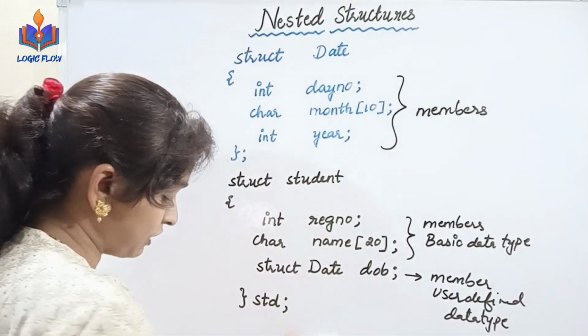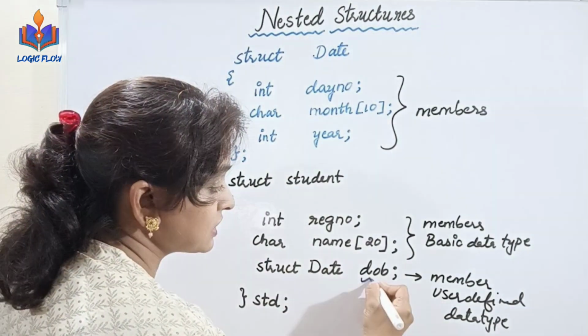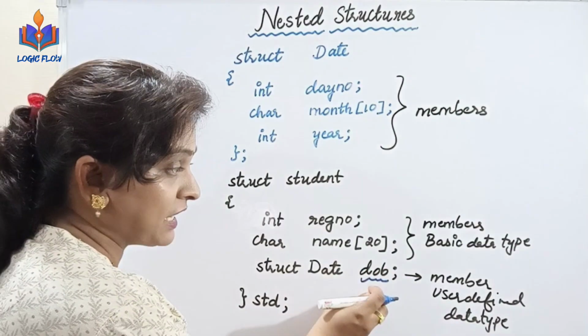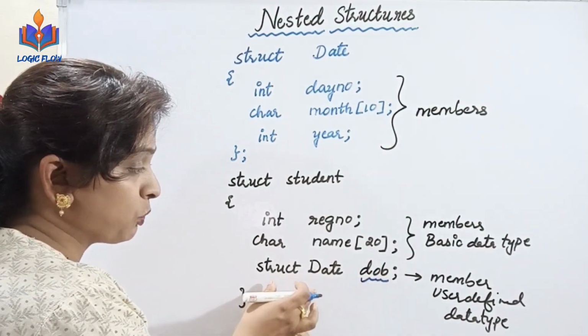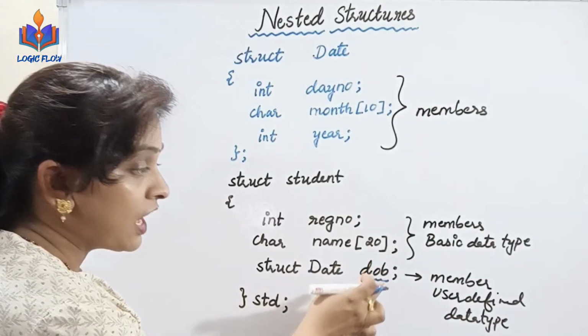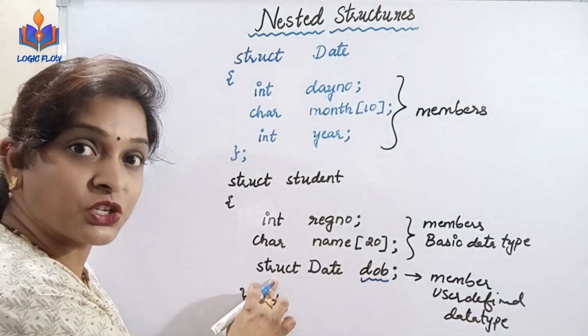This is the thing that we need to understand. So we have a variable which is DOB, just to say date of birth. This variable is of this user defined data type, that is struct date. So I have a member which is a variable of another structure.